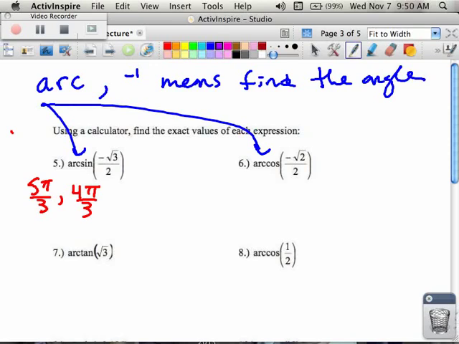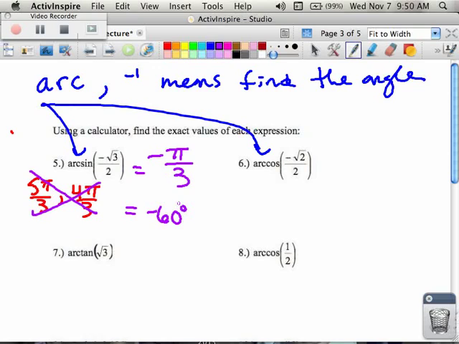Tristan came up with negative pi over 3, which is one correct answer. If they allowed you to say it in degrees, that would be the same as negative 60 degrees. The important thing to understand is you can only answer with the restrictions that are applied.